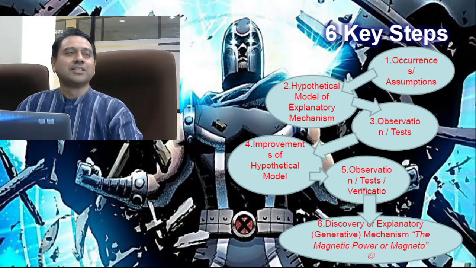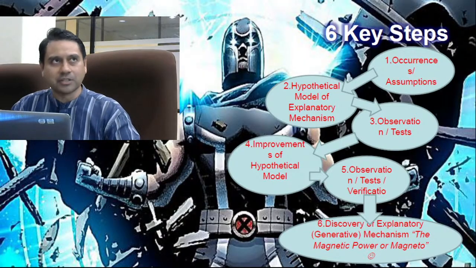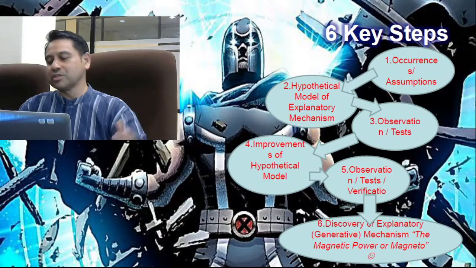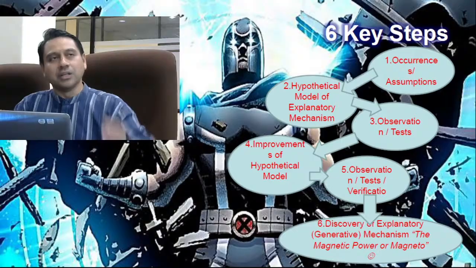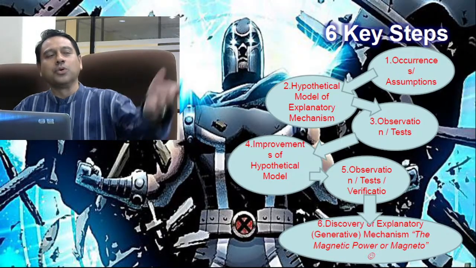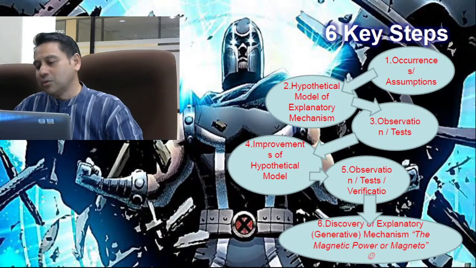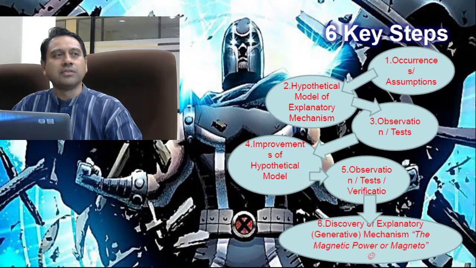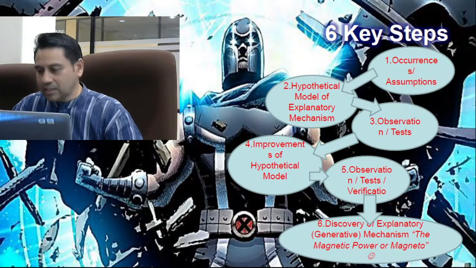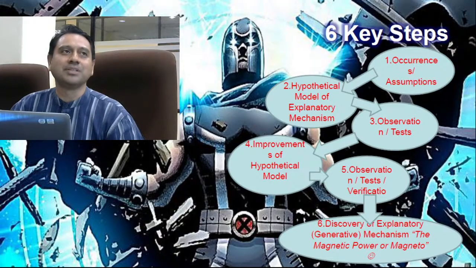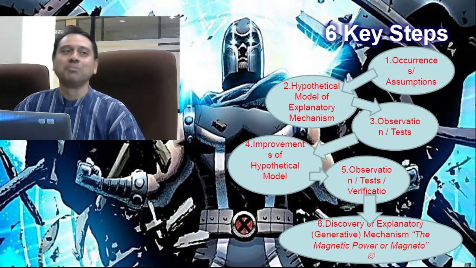So there are 6 steps of retroductive research strategy. Number 1, you look at occurrences or at certain assumptions that people have about certain realities. You look at certain incidences, traffic. You look at delinquents, deviants. You look at drug addiction. You look at why a lot of youngsters graduating from big cities do not go back to their hometowns and hang out in the big cities pretending to be working, but actually they're not working.